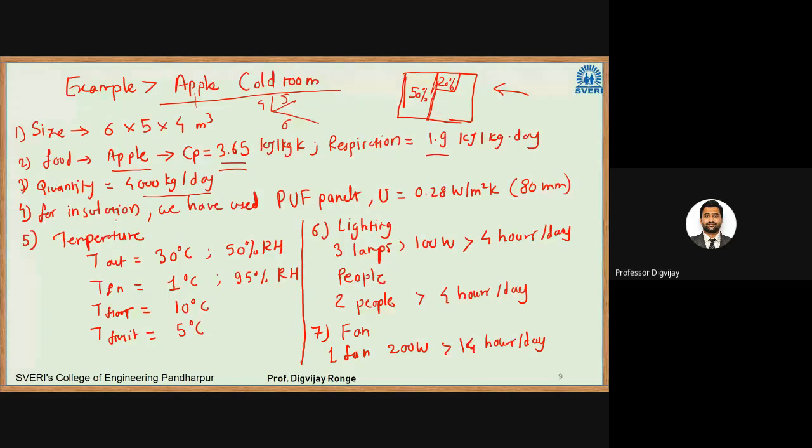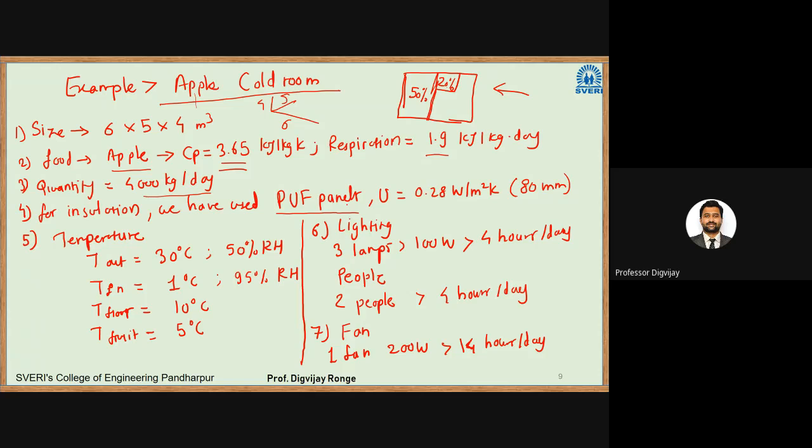Then the fourth was panels. For insulation, in this case, I have used puff panel. Nowadays commercially they are using puff panel. If you have seen the old cold storages outside Pandharpur city, they were constructed in 1985 or 1990 just like regular buildings.